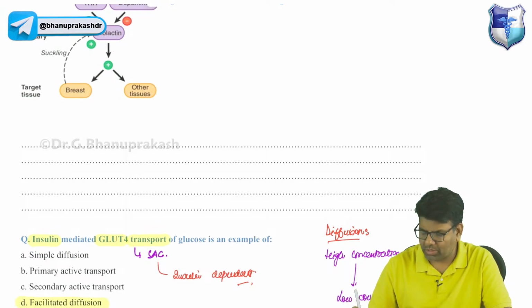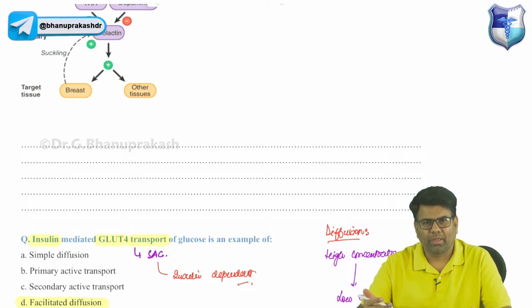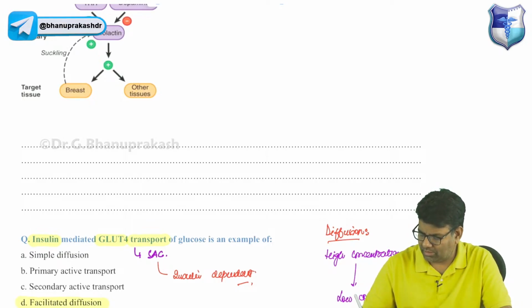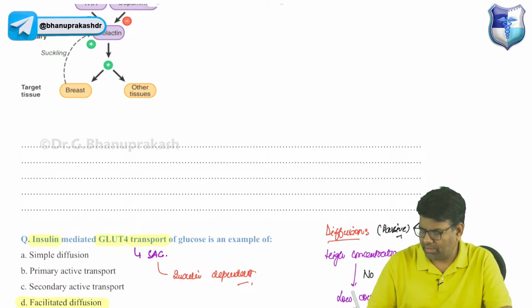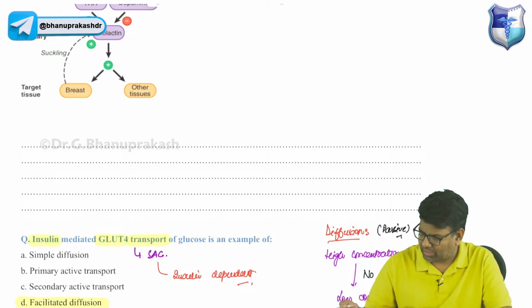And since this flow is in accordance with the simple principle, high to low, it means no energy is required, and this is passive diffusion. Active transport requires energy. So this is passive diffusion. There is no requirement of energy along the concentration gradient.